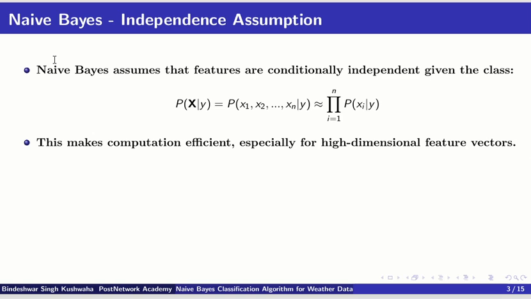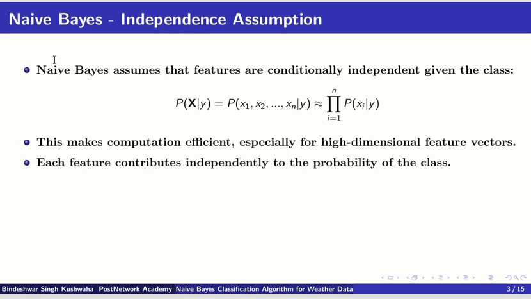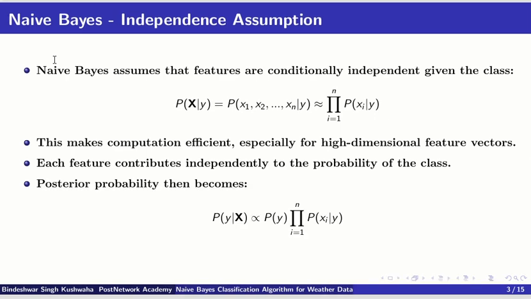Otherwise we have to compute joint probabilities. Each feature contributes independently to the probability of the class, and the posterior probability then becomes P(class y given x), that is proportional to P(y) times the product of P(xi given y), where i is from 1 to n. This is n features. If we have 4 features, we will use 4 instead of n.